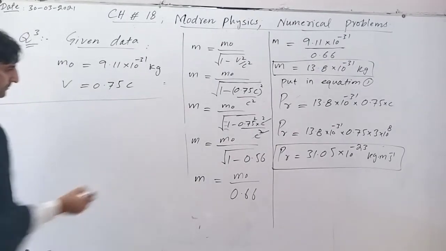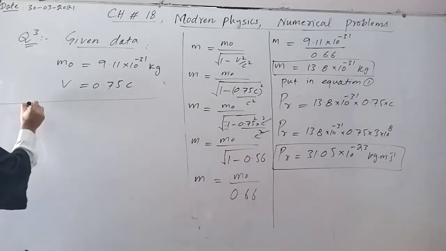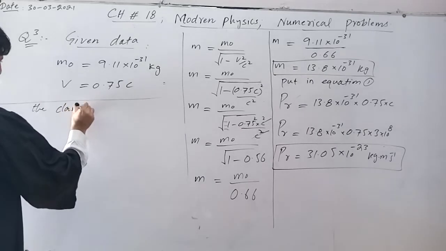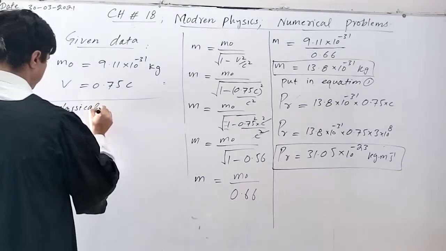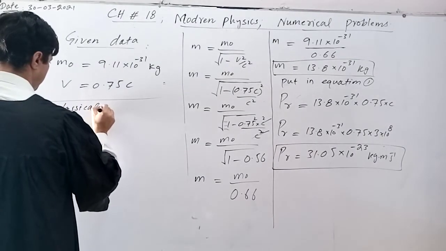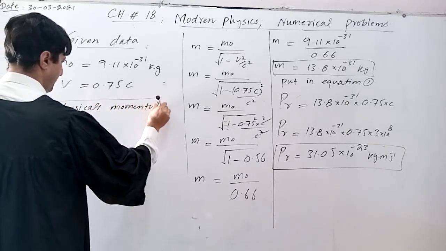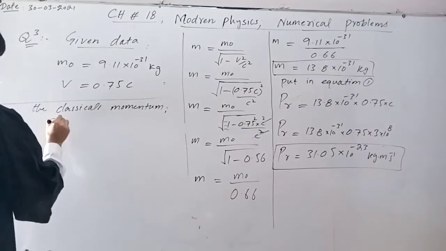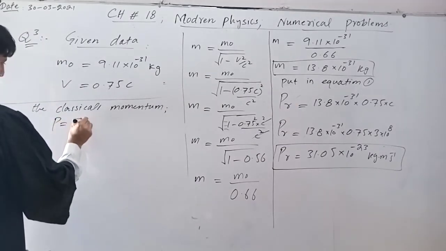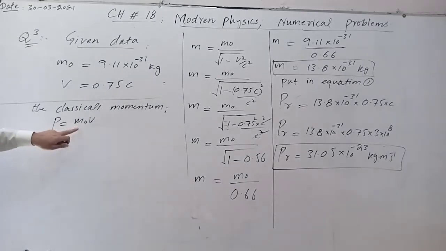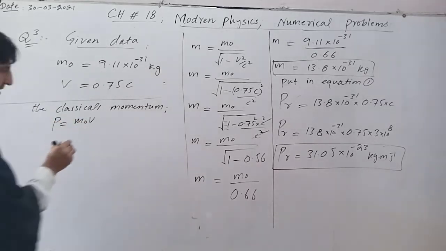The classical momentum is given by P equals m naught V. Remember, m naught is the rest mass or proper mass of the electron, which is 9.11 multiplied by 10 power minus 31 kg.